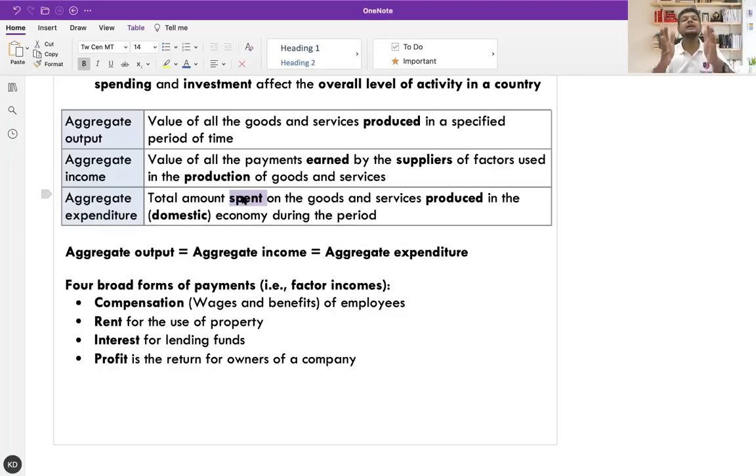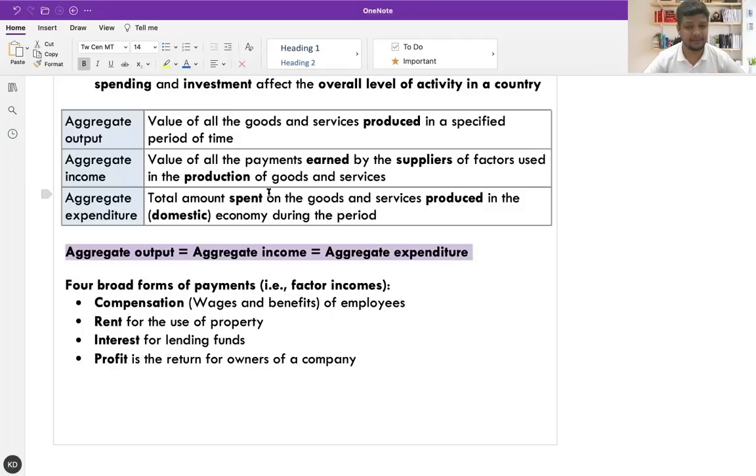And aggregate income is the amount that you have earned to produce these goods and services, which is nothing but the income that you pay to the factors of production. Clear? If calculated correctly, all three should be the same. Very important.